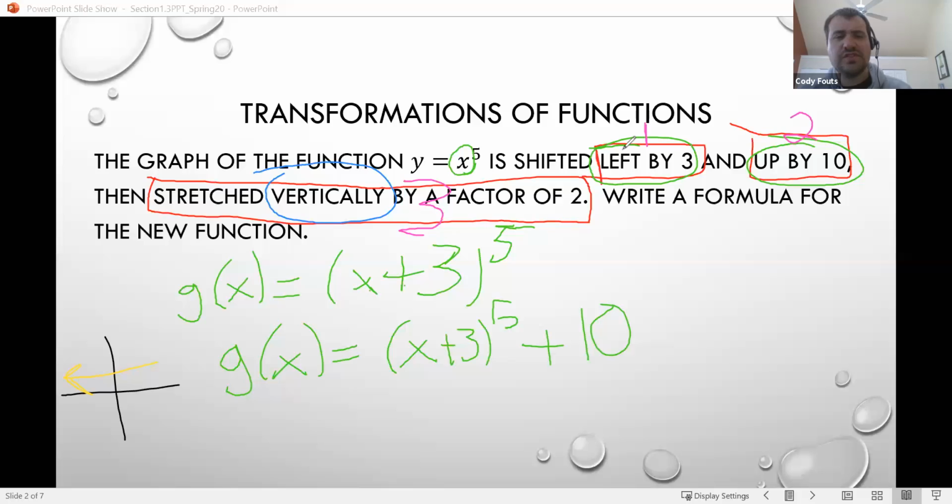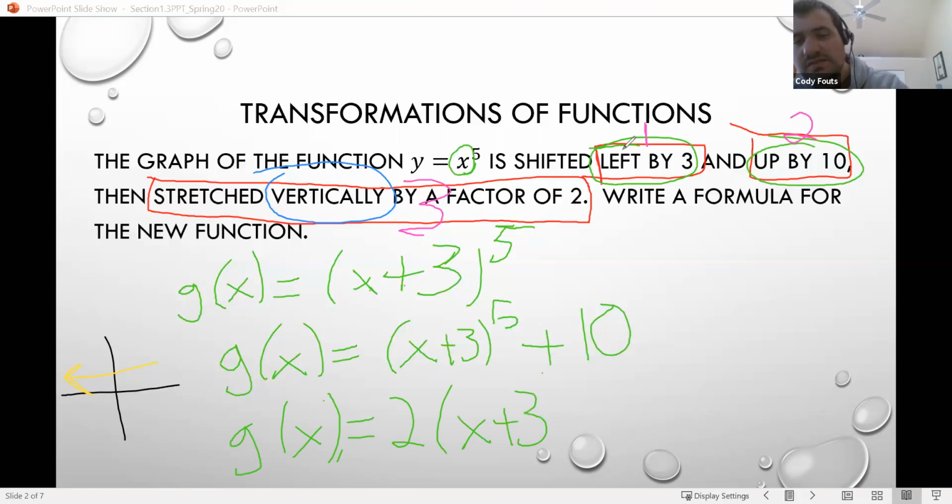And if we're stretching vertically by a factor of 2, in this case, because it's outside, it's not the house of lies, it does exactly what we think it should do, so it'll multiply our original function by 2. So we should have then g of x equals 2 times x plus 3 to the 5th plus 10. And that would be our answer here.